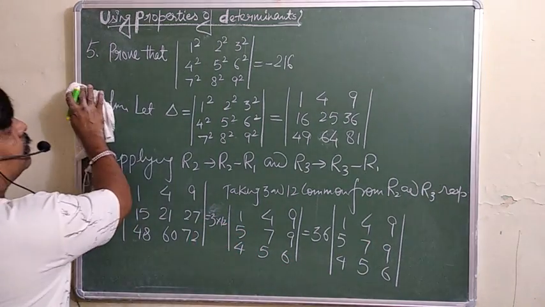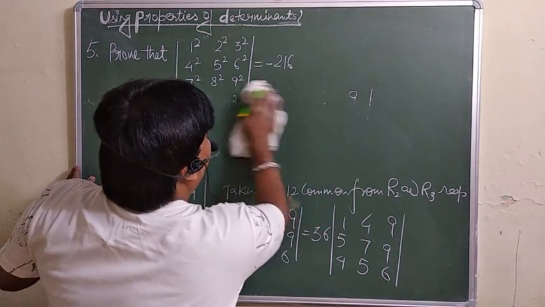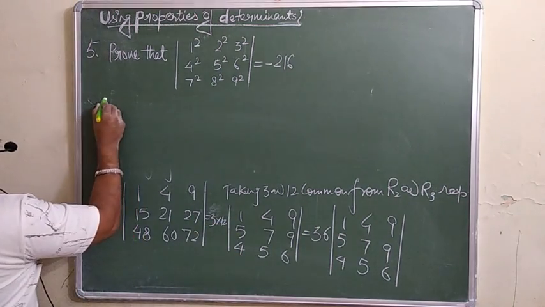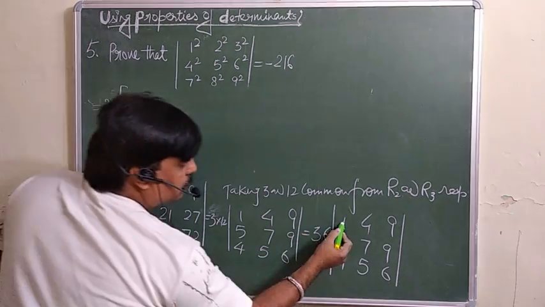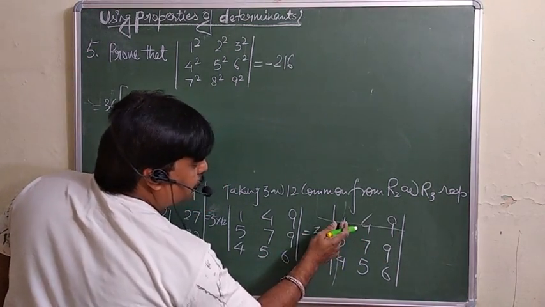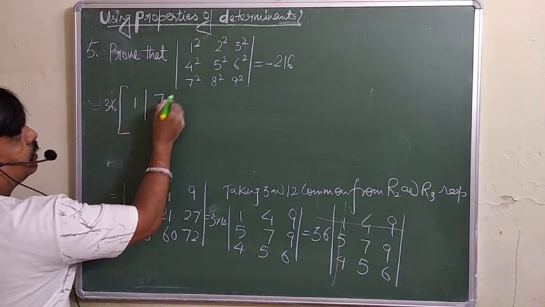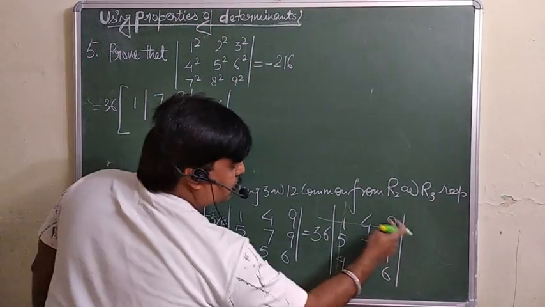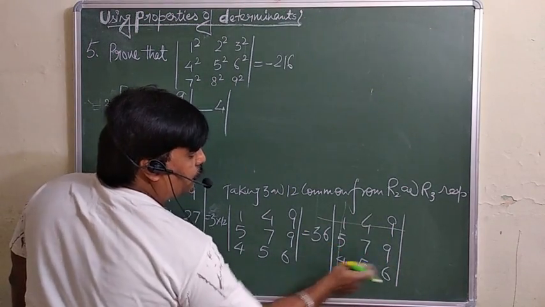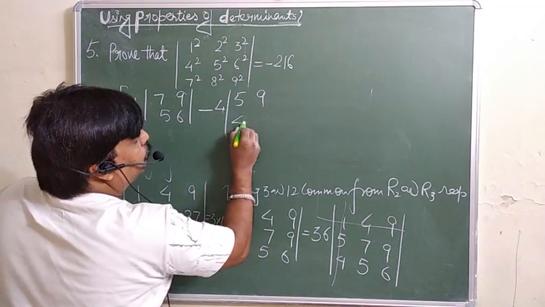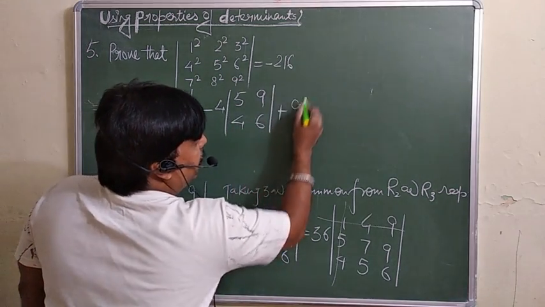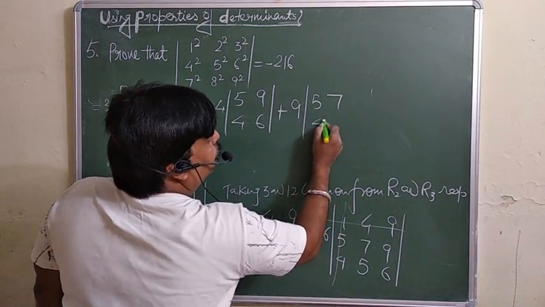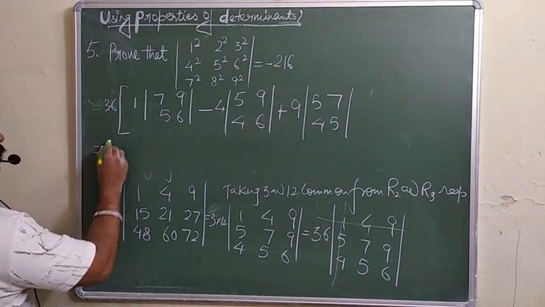Now you can solve this one here. This is 36. For the first row, first column, we get 1 times (7 times 6 minus 9 times 5), then minus 4 for the first row, second column, and plus 9 for the first row, third column, each with their minors.